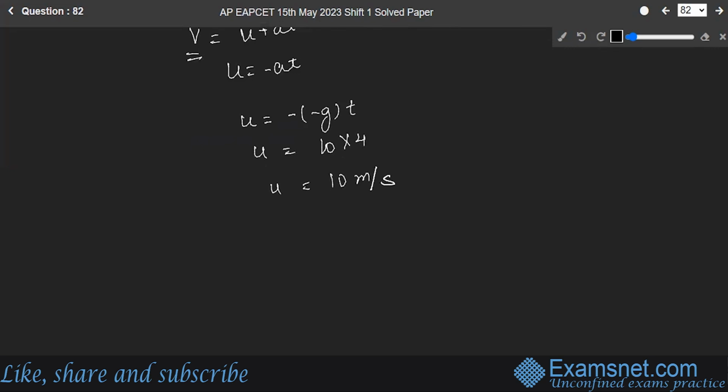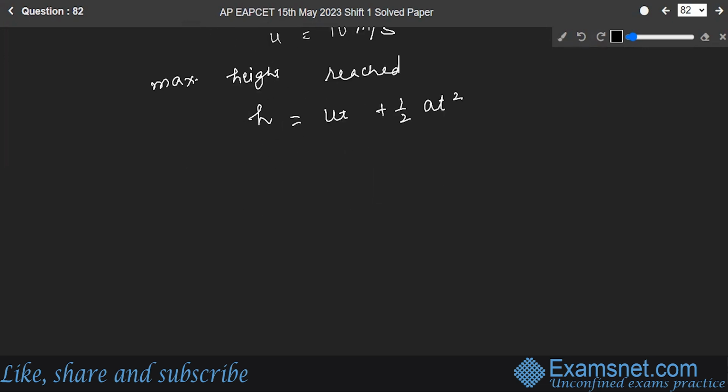So when the maximum height is reached, h is equal to ut plus half at square, you know the formula. So you have h is equal to u is 40, t is 4, plus half into a is minus g, so minus 10, t is 4 square.